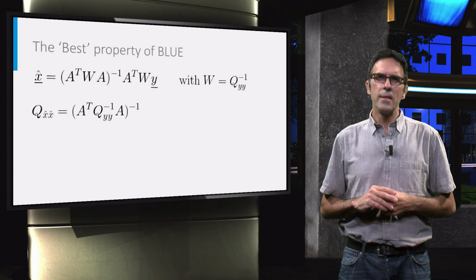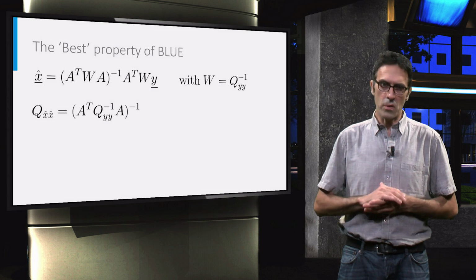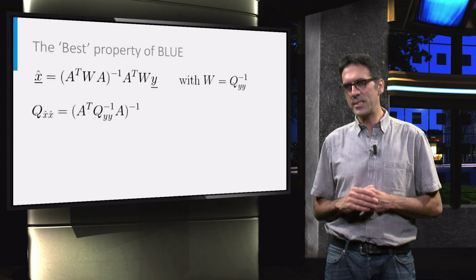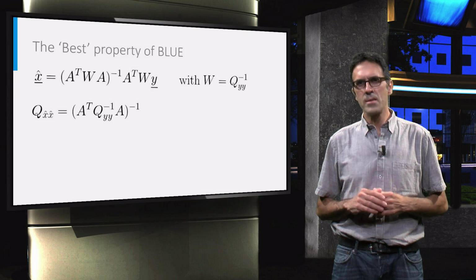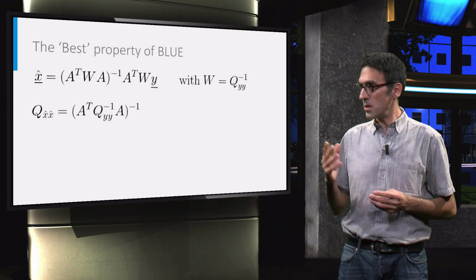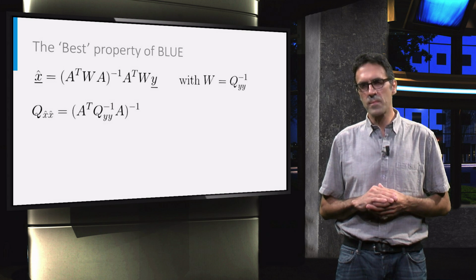We see that if we would use a specific weight matrix, the inverse of the covariance matrix of the observations, then the covariance matrix of x hat has an elegant expression. Moreover, this expression is now only dependent on 2 things, the A matrix and the covariance matrix of the observations.